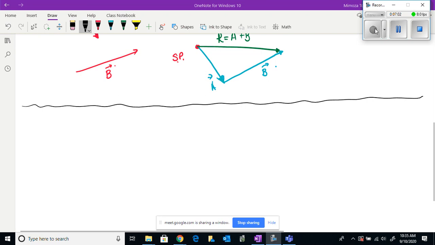What will happen if we have more than two vectors?